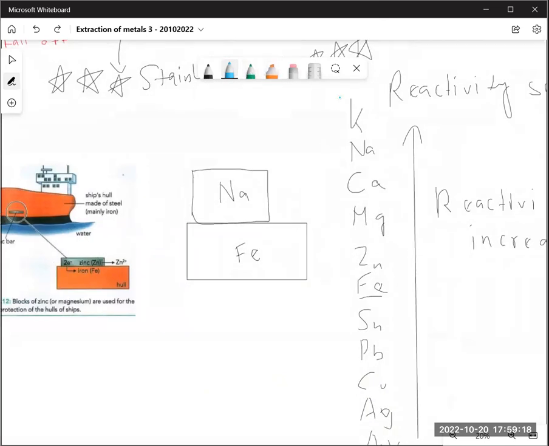Other than these 4, what is more reactive than iron? Zinc, right? So these 4 are there, but all of these are more reactive, so any of these 5. So zinc is also there.